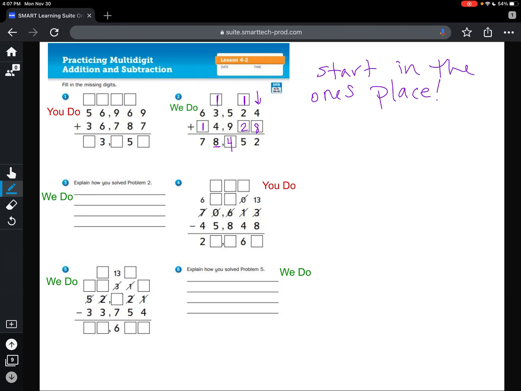So, explain. Number 3 says explain how you solved problem 2.